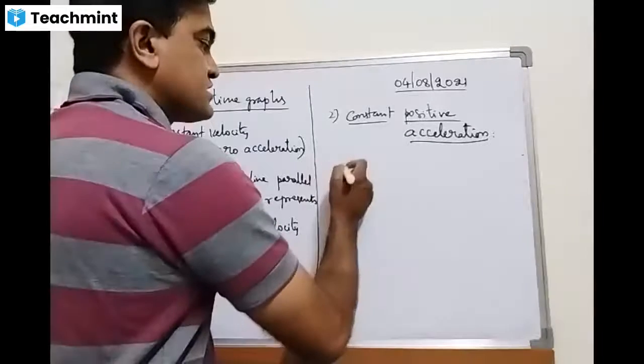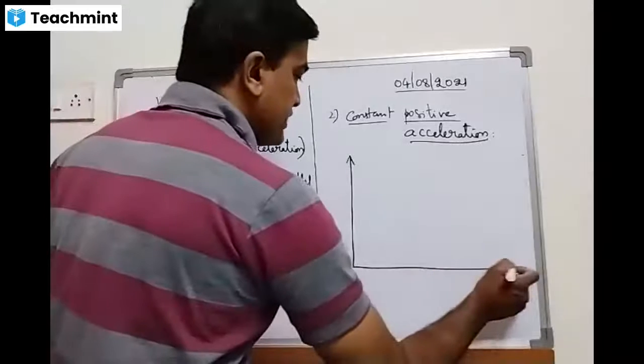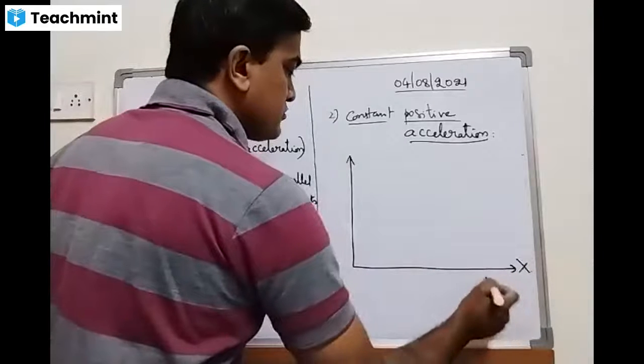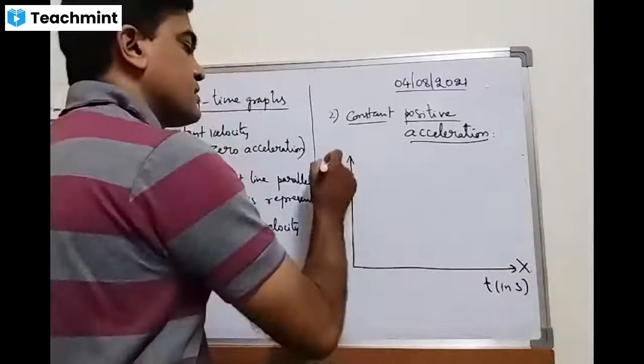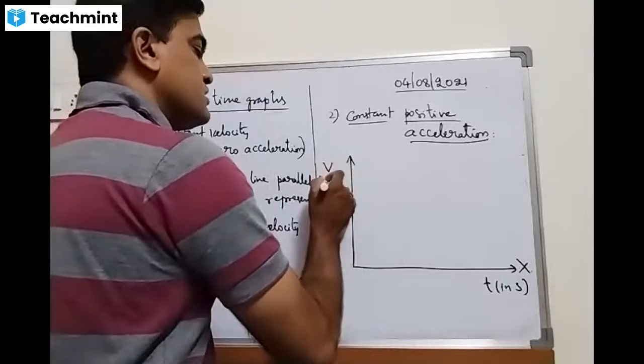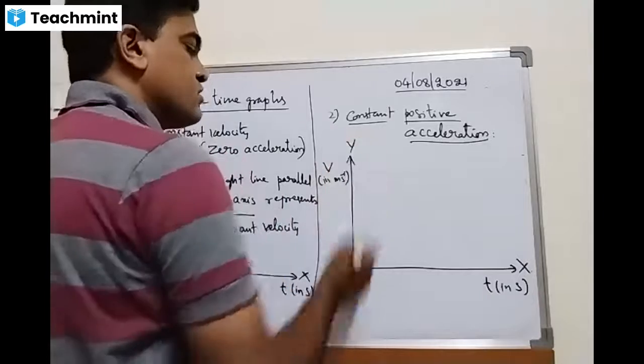Constant positive acceleration. Now I'm going to show you the graph taking time along the x-axis in seconds, and velocity in meter per second, which I have taken along the y-axis.